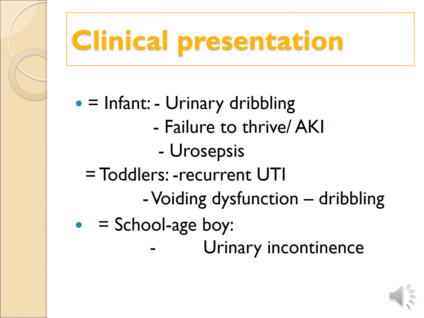During infancy, there is urinary dribbling, failure to thrive and acute kidney injury, and also urosepsis can be a presentation. In the toddlers, you get recurrent urinary tract infection, and then there is voiding dysfunction with dribbling of urine. And in school age male children, they present with urinary incontinence or nocturnal enuresis can be there.